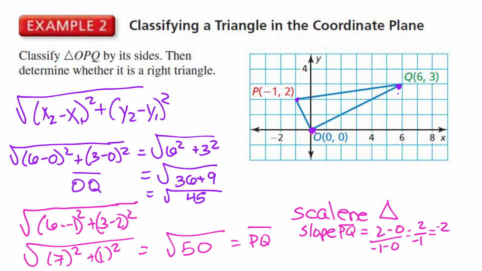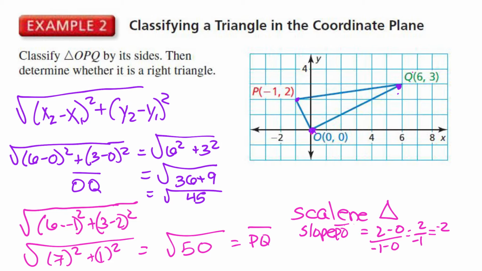Then we're going to look at the slope of OP. I'm sorry, this is the slope of the line PO.